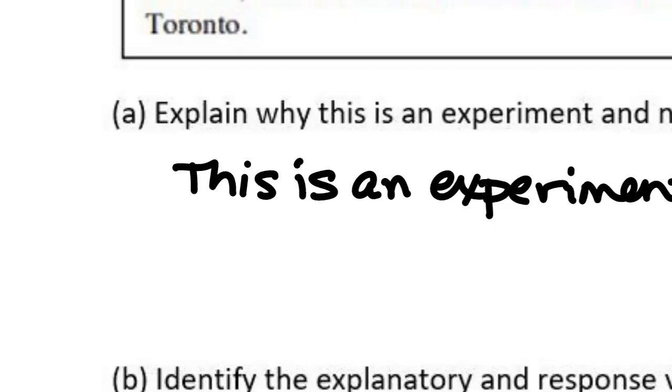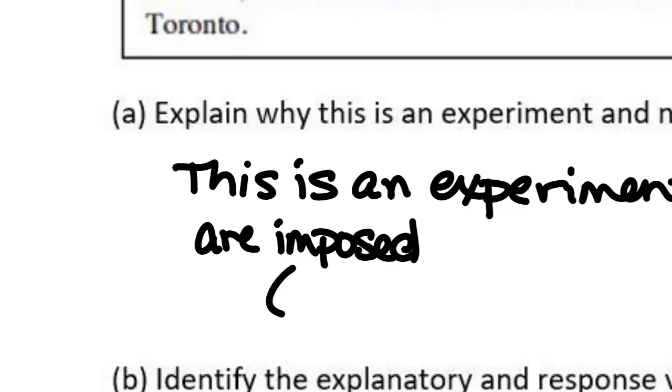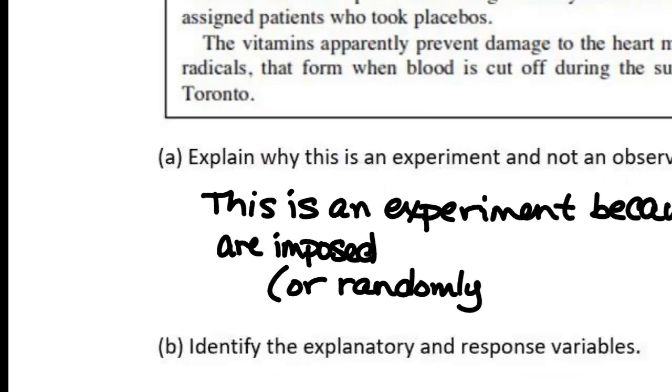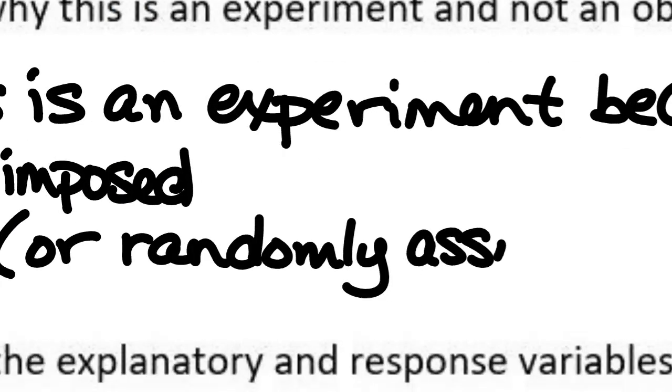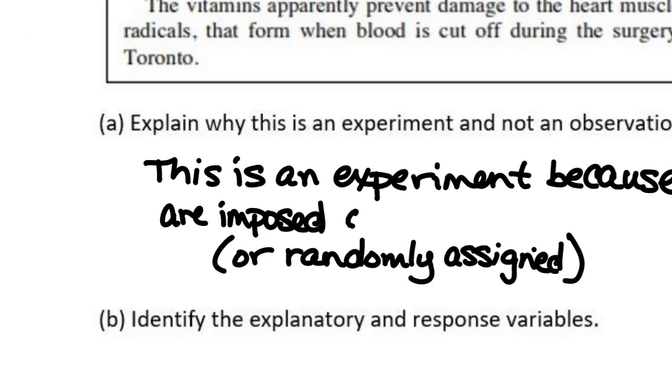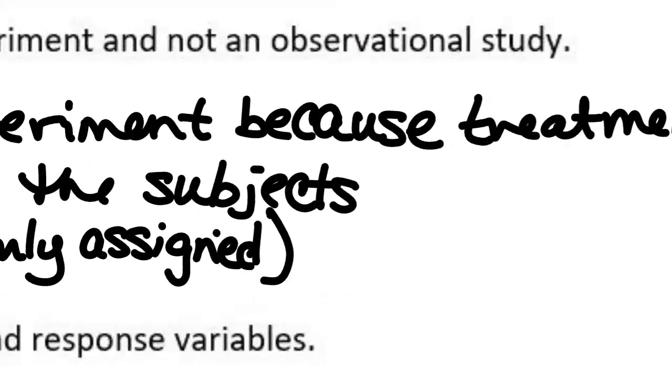So this is an experiment because treatments, vitamin E versus no vitamin E, were decided on by who? The random assignment. So these are imposed or randomly assigned on the subjects, patients, experimental units, however you want to word that here.